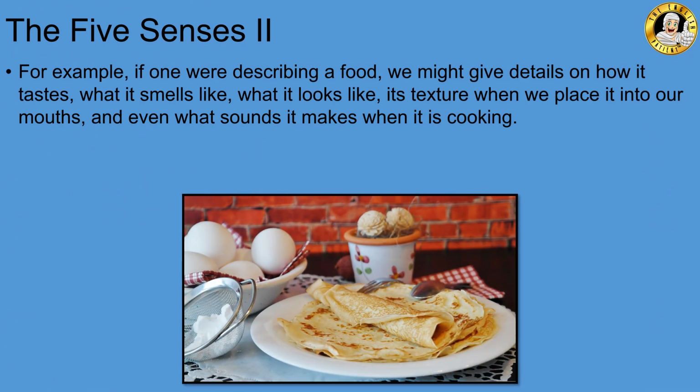For example, if you were describing a food, you might give details on how it tastes, what it smells like, what it looks like, what its texture is when you place it in your mouth, and even the sounds it's making when you are cooking it.